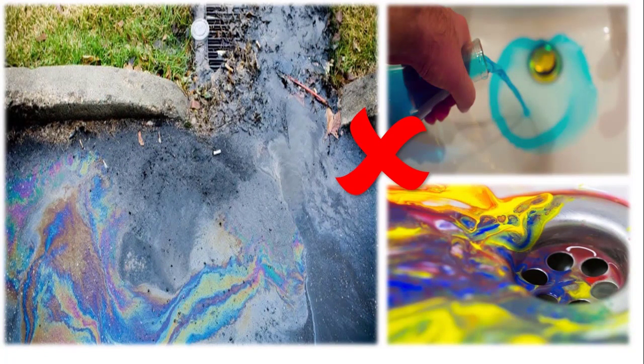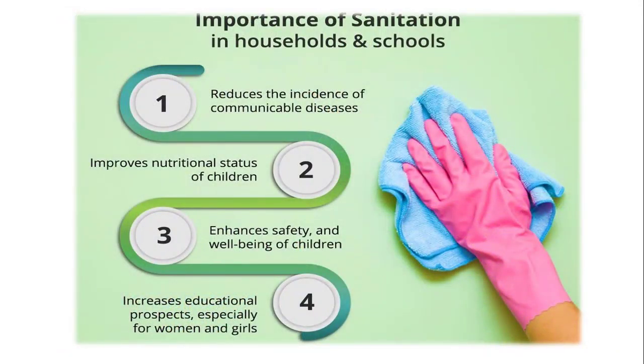Sanitation. Sanitation generally refers to the provision of facilities and services for the safe disposal of human urine and feces. Poor sanitation causes a large number of diseases and health hazards. Vermi-posting toilet.